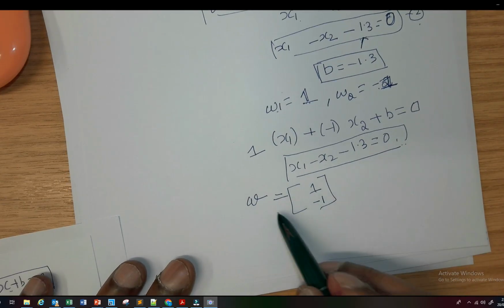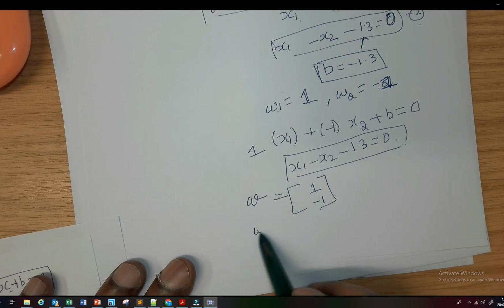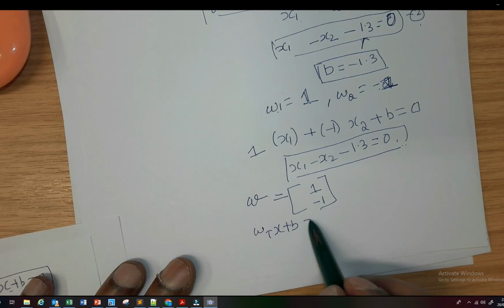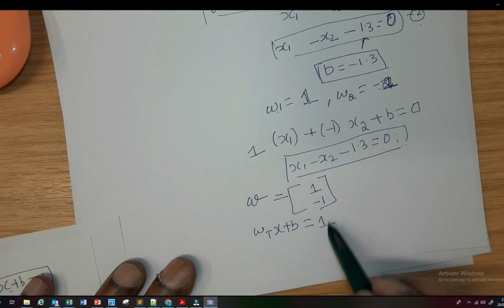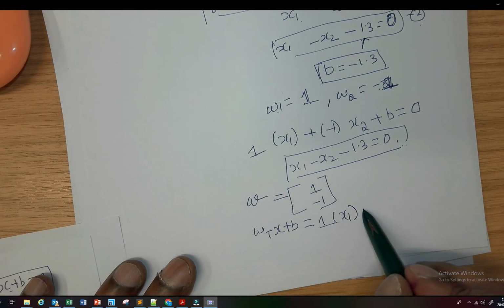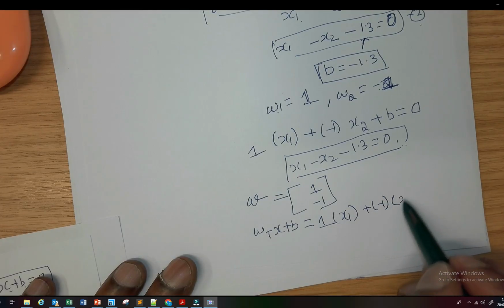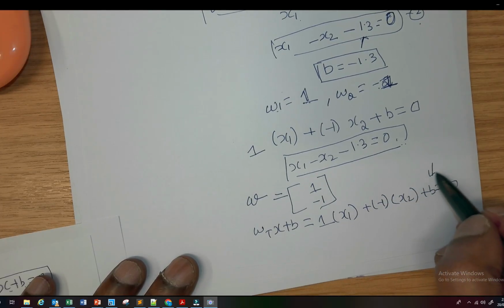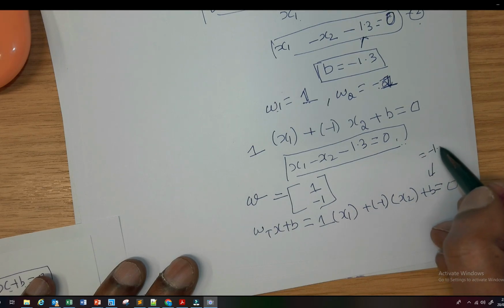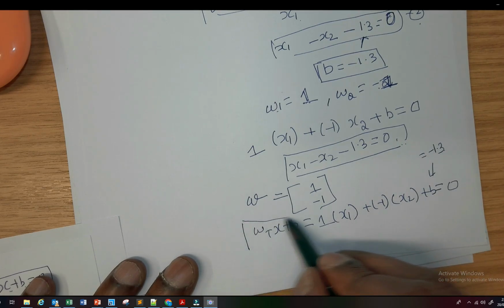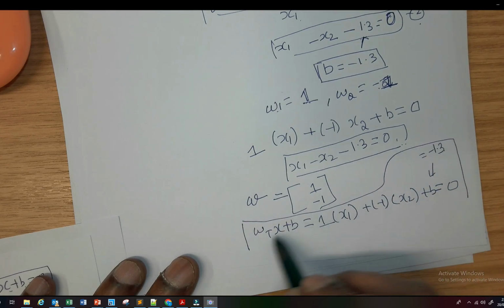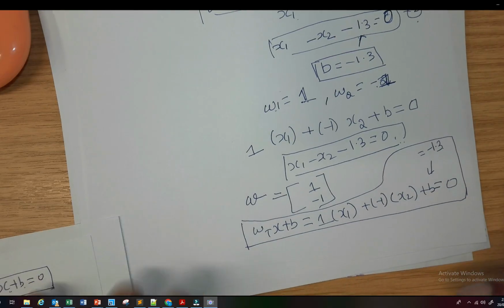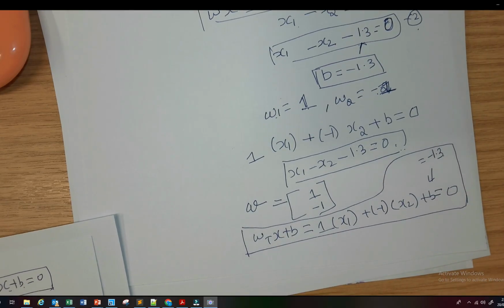The equation of the hyperplane wTx plus b is nothing but 1 multiplied by x1 plus minus 1 multiplied by x2 plus b, that's equal to 0. We already identified b is equal to minus 1.3. So we almost identified the equation of the hyperplane. This should be the equation of the hyperplane.